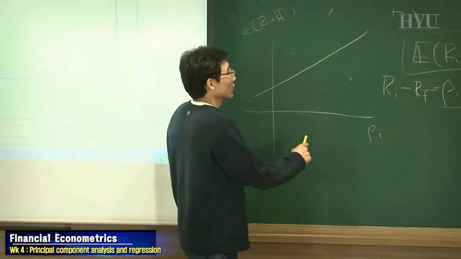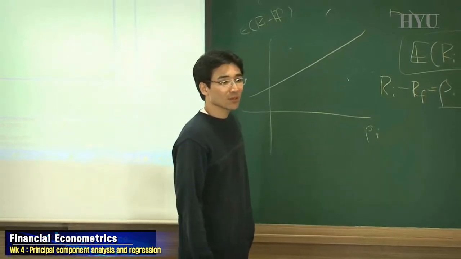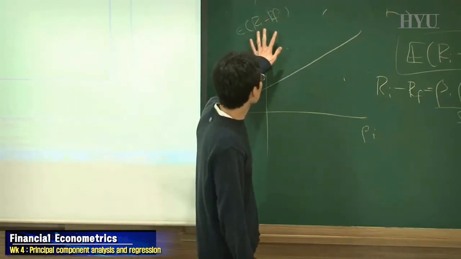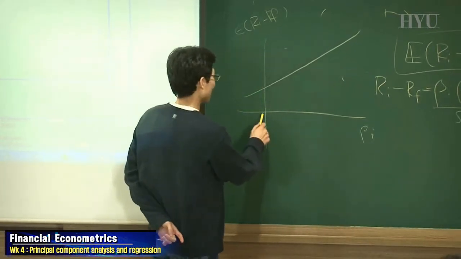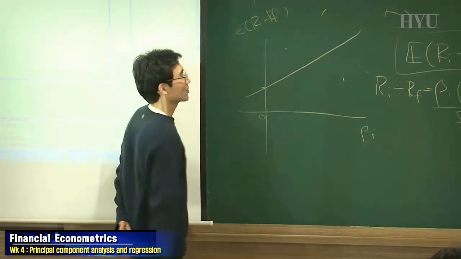So if we believe the capital asset pricing model, excess return is basically a linear function of the beta. Okay? So let's say beta is 0, then what should be this point?